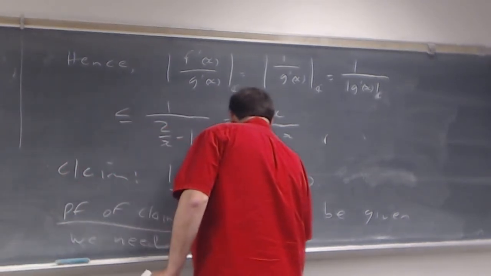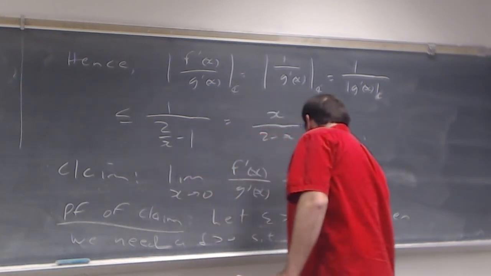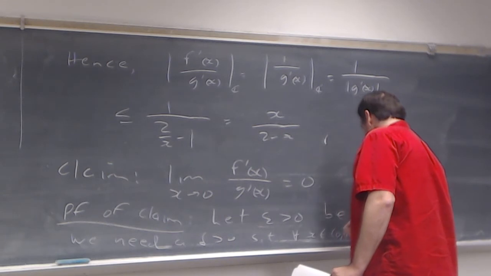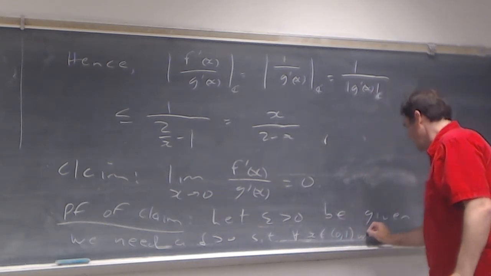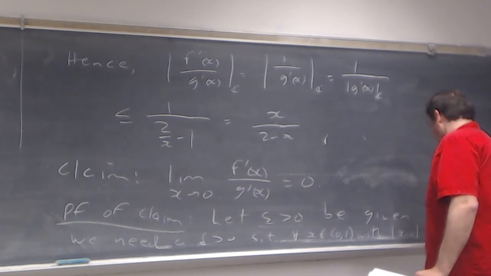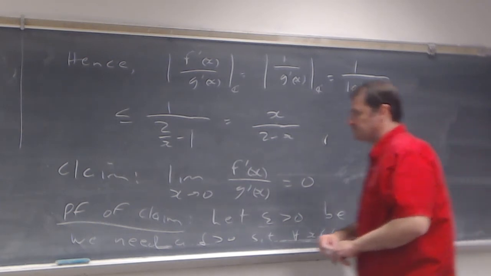Greater than 0, such that for all x in 0 to 1, with, again, x minus 0, this is in R, less than delta.